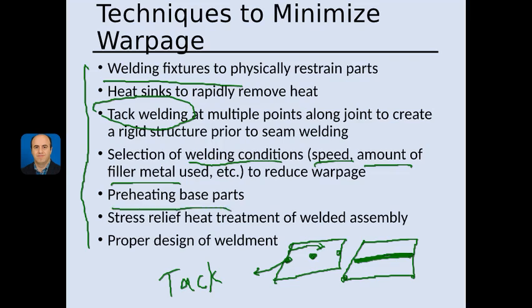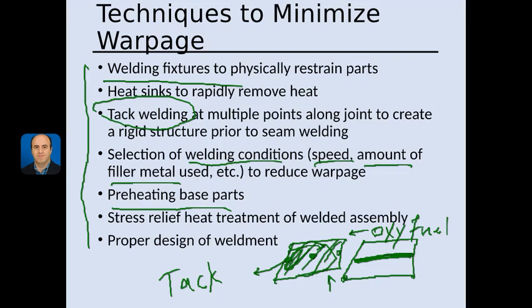If you apply some preheating, you increase the temperature of the plate before starting. How can you increase the temperature? You can put it in a furnace, or you can use oxy-fuel welding to increase the temperature. So it can cover the whole surface, right? Because it has a big flame.